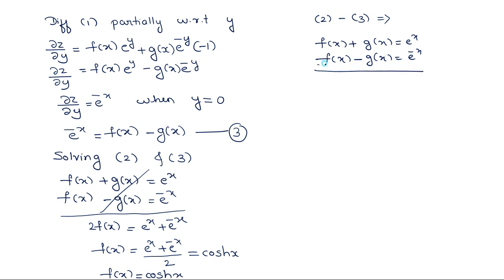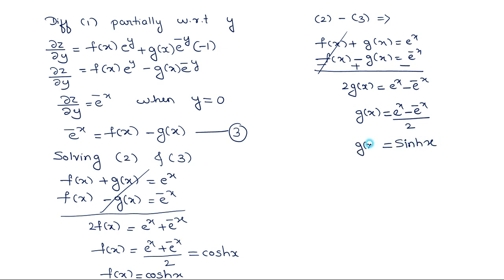On changing the signs, the f(x) gets cancelled. 2g(x) = e^x − e^(−x). So therefore, g(x) = (e^x − e^(−x))/2, which is nothing but sine hyperbolic x. So we got the solutions of f(x) and g(x).